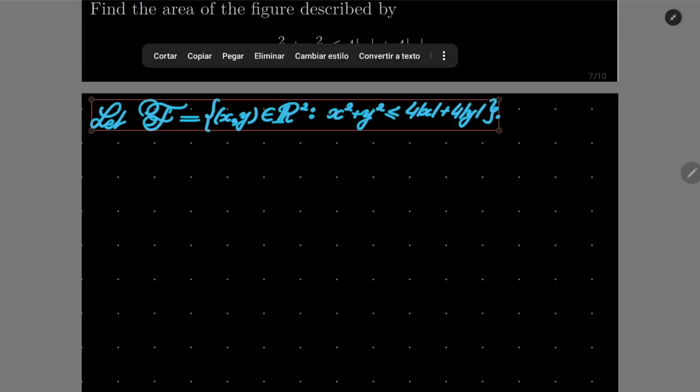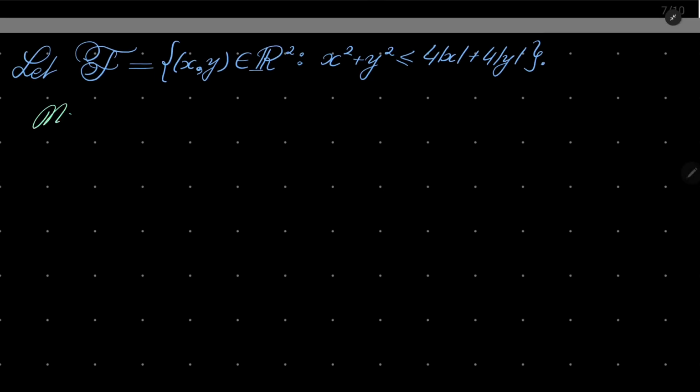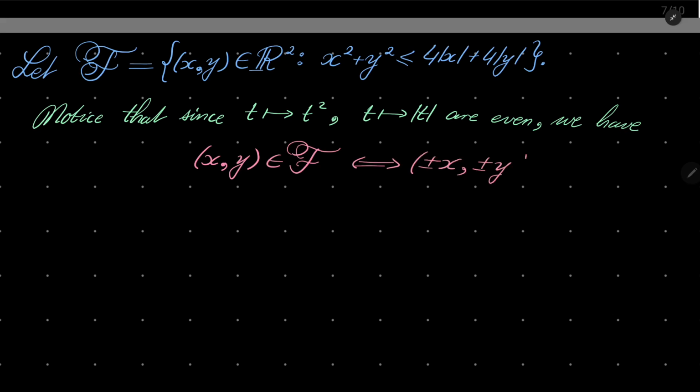So as I suggested, let F be our figure. Notice that since the function which maps t to t squared and the function which maps t to the absolute value of t are even functions, we have (x, y) is in our figure if and only if (plus or minus x, plus or minus y) is in our figure.